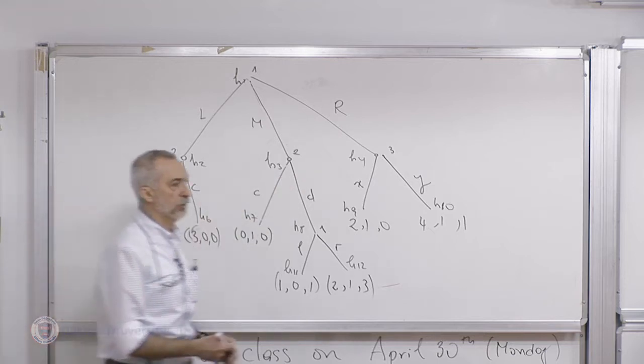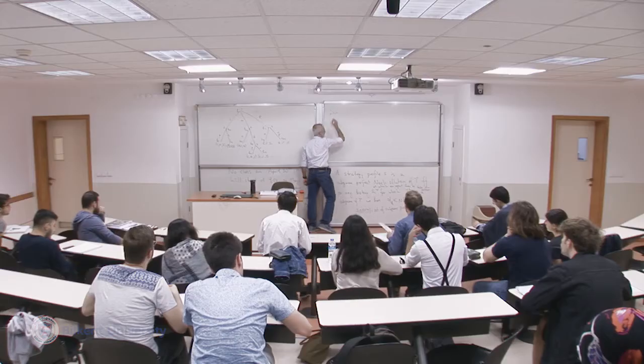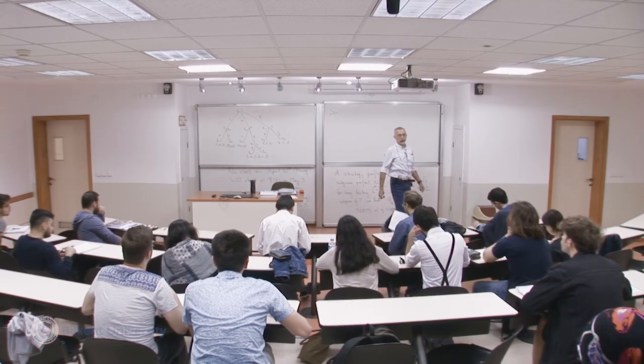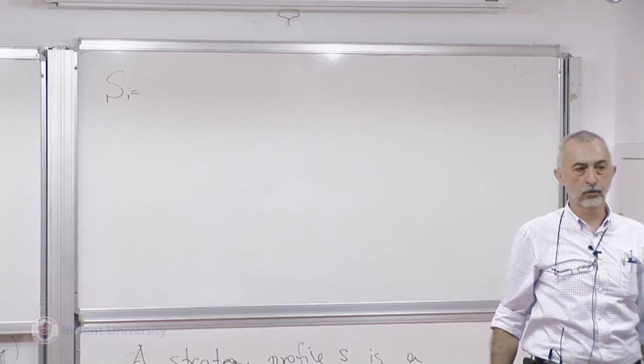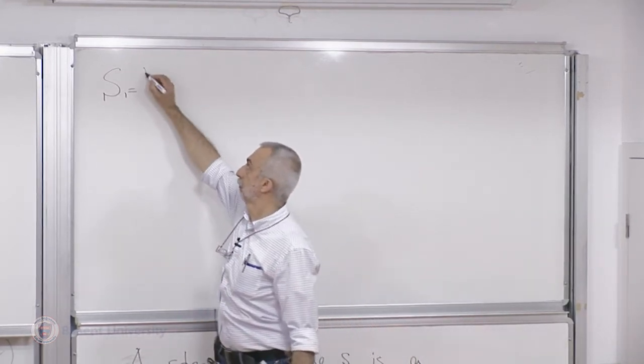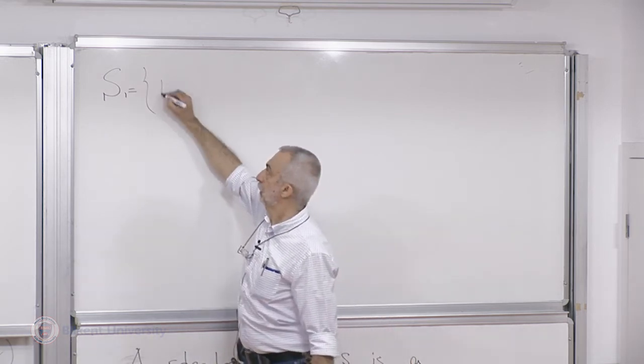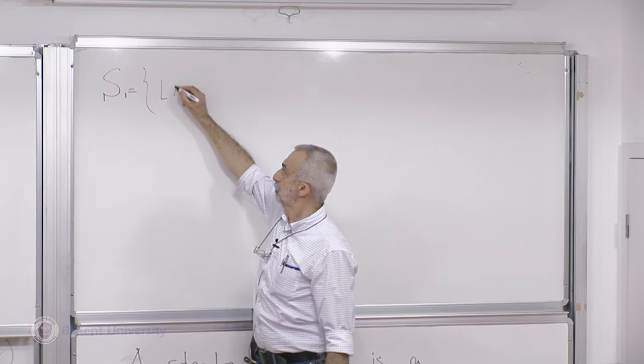So what is the strategy set of player 1? What does the strategy set of player 1 consist of? Capital L, small l.